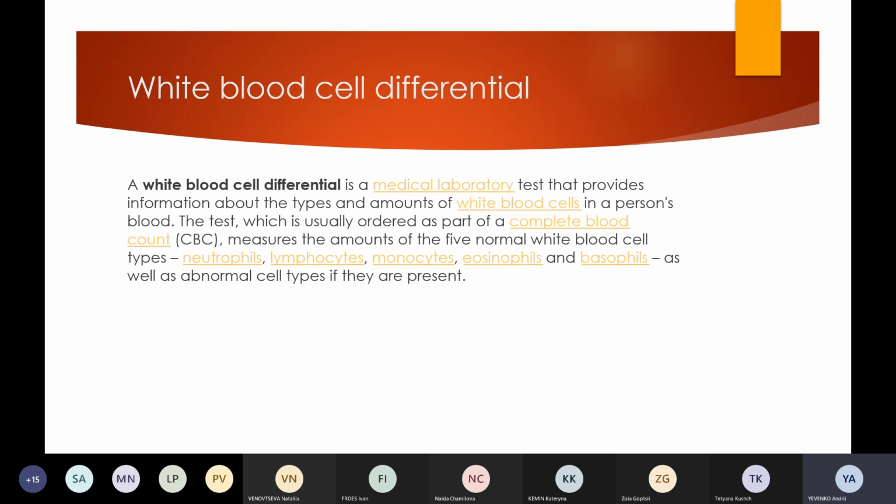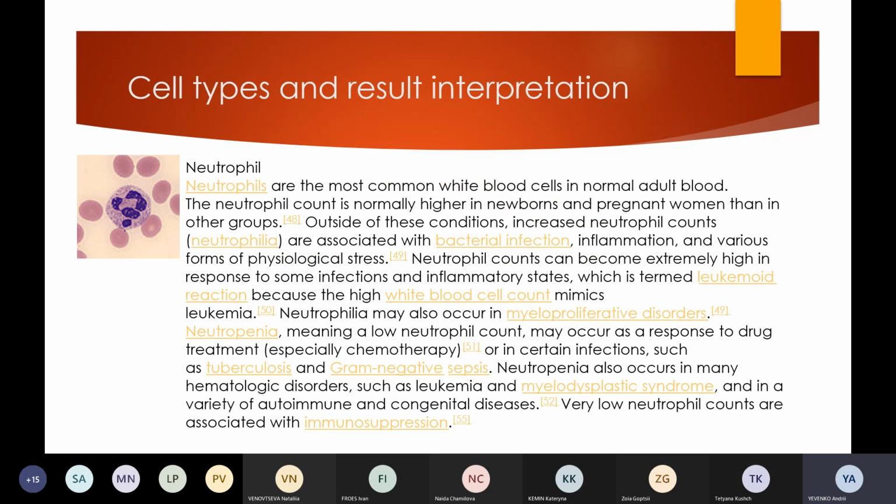There are a few slides ahead that have more details in them, but I will walk through them briefly and just tell what cells correspond to what, and we will move on. Neutrophils are the most common white blood cells. They respond to bacterial immunity. So when there is a bacterial infection, you will have increased white blood cells in your body.